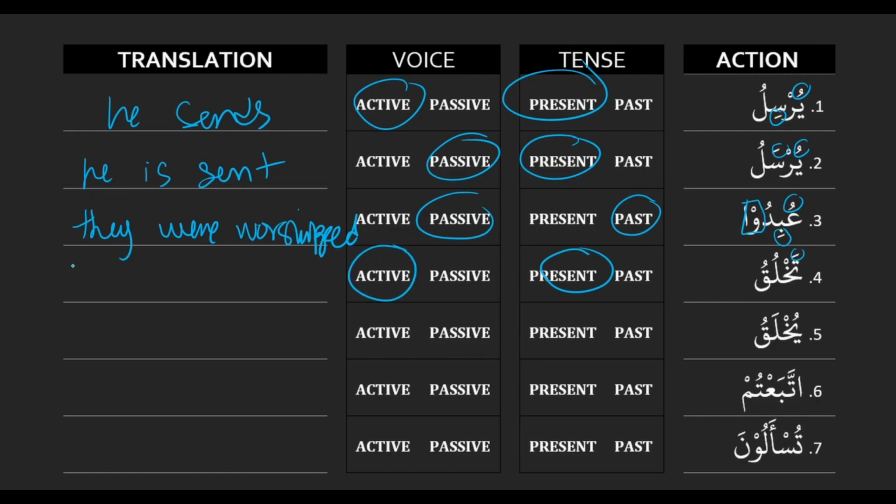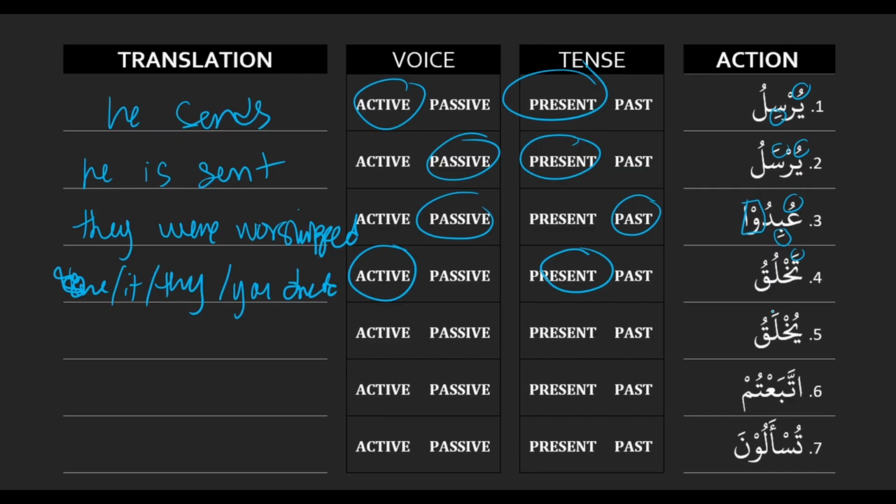So she, it, they create, or you create. So you, she, it, they create. A lot of pronouns.